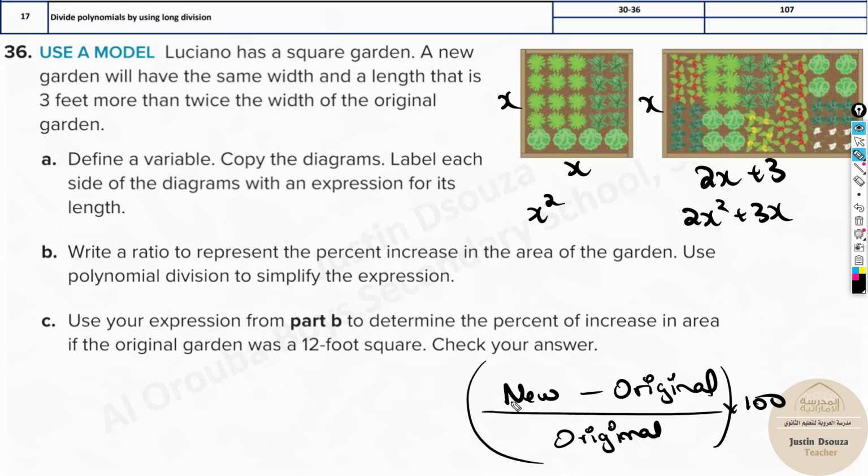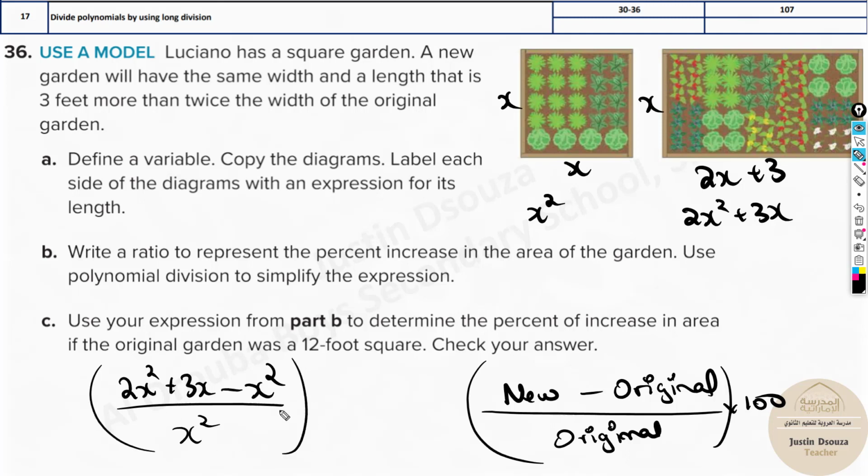So let's write it in the formula over here. New area is 2x squared plus 3x minus x squared, divided by x squared, into 100. Now this can be simplified further. I'll just write it up. This will be x squared plus 3x divided by x squared multiplied by 100. But this also can be simplified. How?